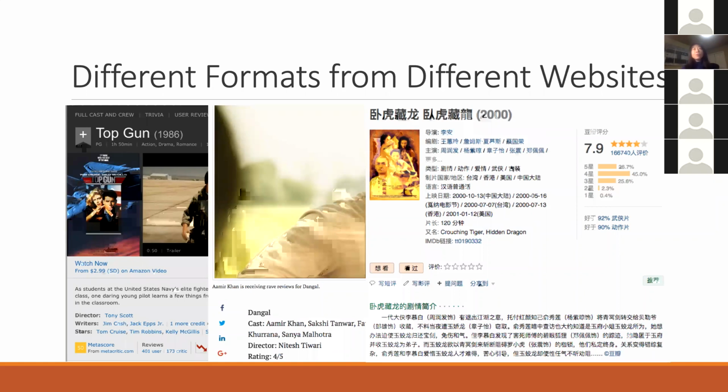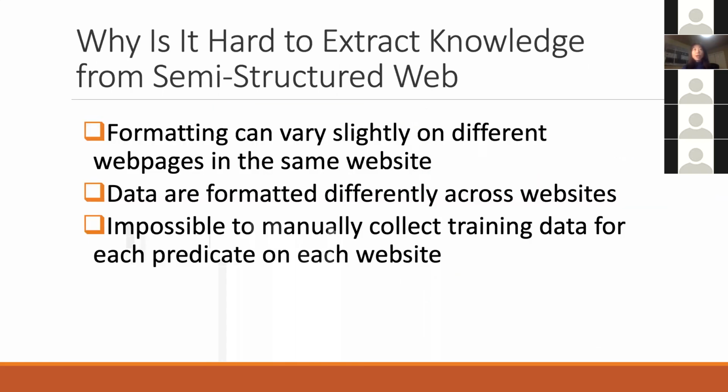So a natural thought when you see this is, okay, let me train one model per website. But the next question is, to do such training, how can we collect the training data? It's almost impossible to manually collect training data for each predicate on each website, just because there are so many.